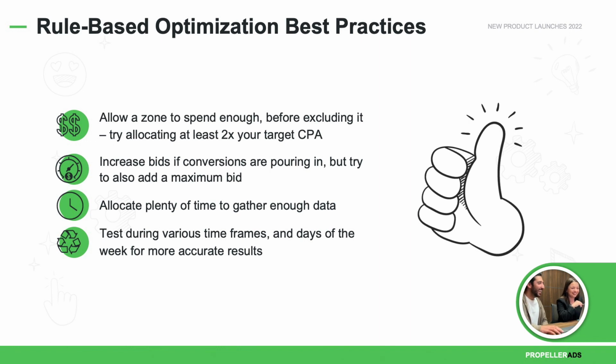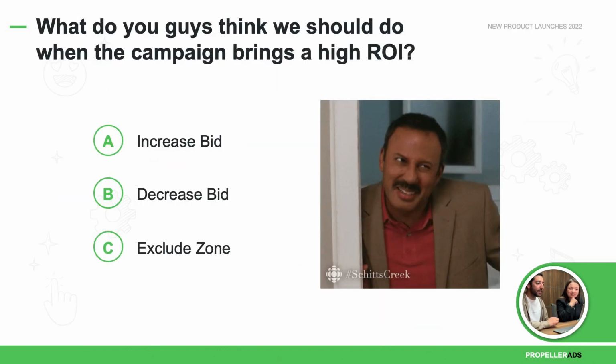All right. What do you guys think we should do when the campaign brings a high return on investment? Increase bid, decrease bid, or exclude zone? Please also write your answers to the chat. Meanwhile, maybe any others? Especially because I know Gaurav and I even met him in Bangkok. I want to tease him, but no, okay, A is very correct.